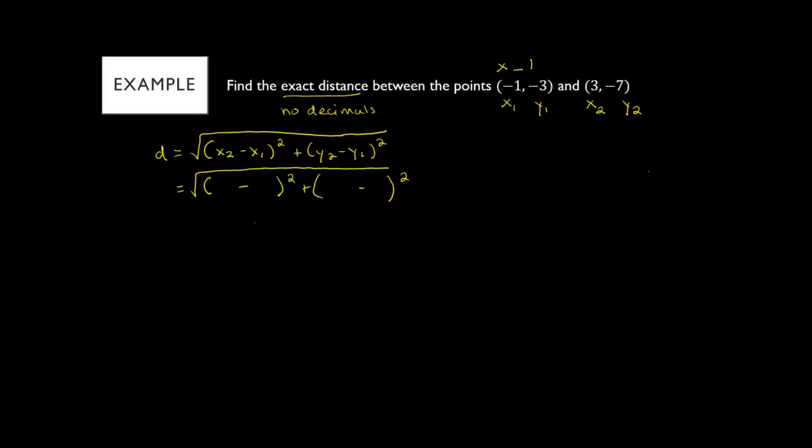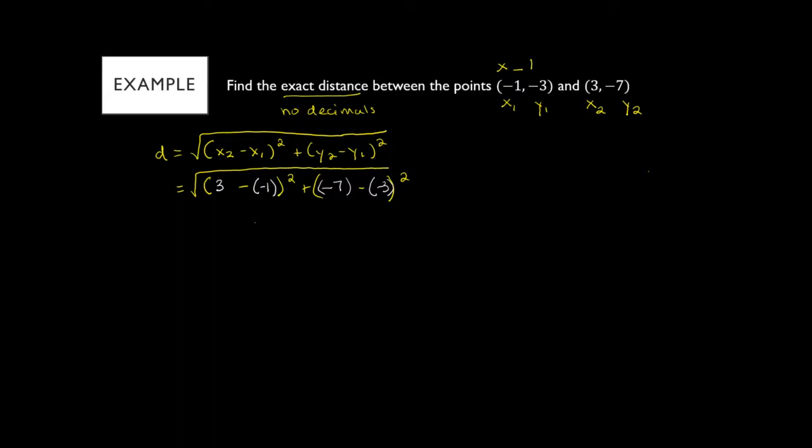So x1 and x2 here. First we have x2, which is labeled as 3, and then minus x1, which is -1. So I'm going to put that in parentheses. So we end up with 3 minus -1. And then we have y2 minus y1. So y2 is -7 minus y1, which is -3.